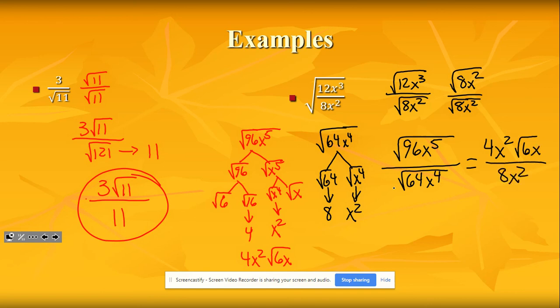This could also be simplified because we could take out the x squareds, one on top and one on bottom. And if you see it, you can reduce 4 and 8 to 1 over 2. So your final answer here is x radical 6x over 2.